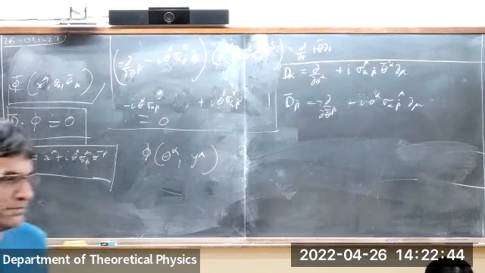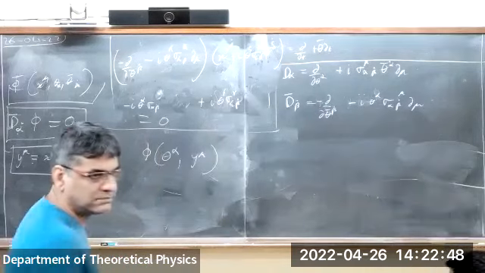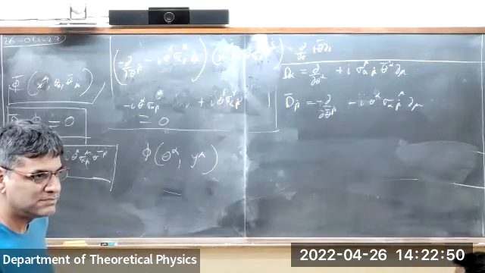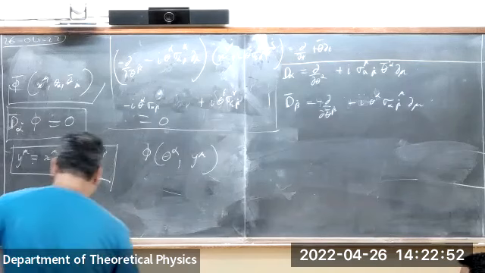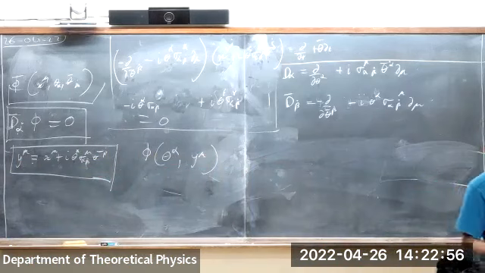So there are 16 possible components. And this D alpha gives two constraints, which tell us that two thetas are not there. So it cuts down 16 to 4.